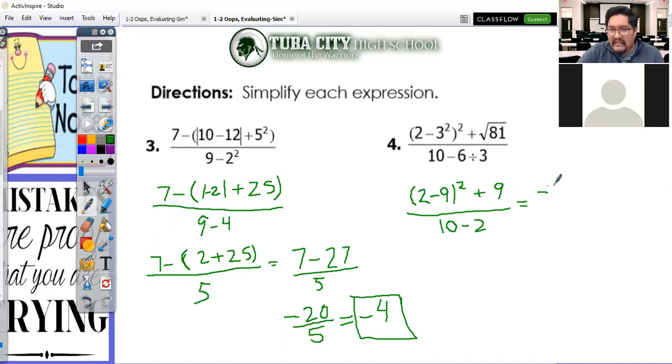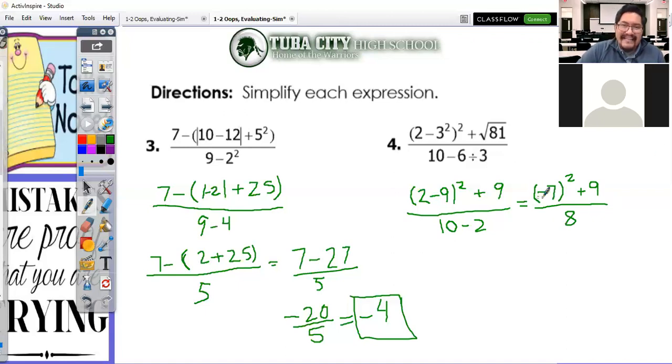That would be -7. Now I have to put this in parentheses, especially when you're working with exponents, because this negative is included with the exponent. And I have some examples later in the lesson that show what happens if it's not put together.